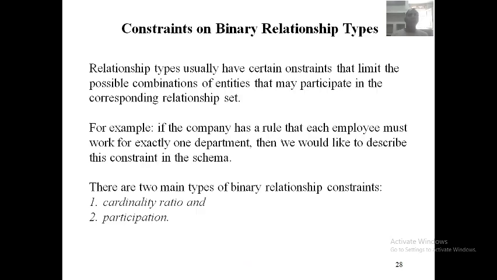Now, see here now. Relationship types usually have certain constraints that limit the possible combinations of entities, means how many entities need to participate. The possible combinations of entities that may participate in the corresponding relationship set.